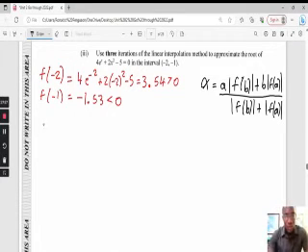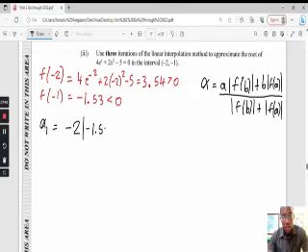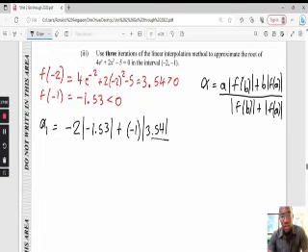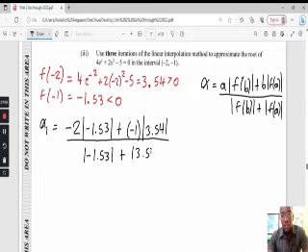So we're going to call it alpha 1. Alpha 1 is equal to a, which is -2, times the modulus of f of -1, which is the modulus of -1.53, plus b, which is -1, times the modulus of f of -2, which is 3.54, divided by the modulus of -1.53 plus the modulus of 3.54.